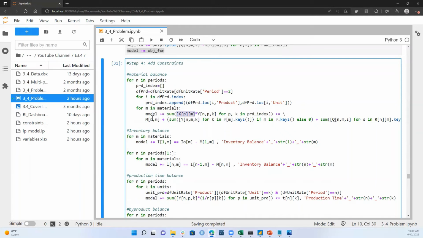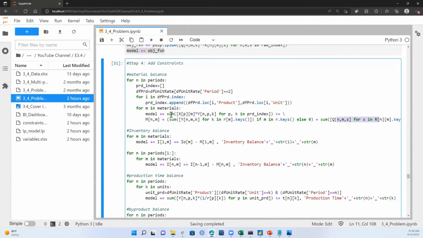And that has to be less than or equal to the inventory draw for that material M in a given period, plus any of the material we're consuming that's made in an upstream process, plus anything we purchase or procure from a vendor.